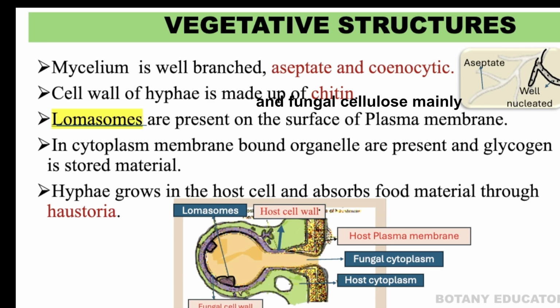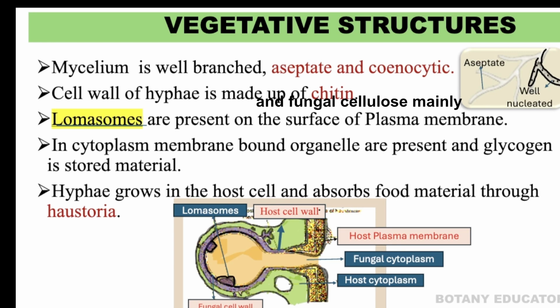It's called mycelium, and these hyphae are branched, and no walls are seen in them. A continuous cytoplasm is flowing in these hyphae, and nuclei are present, and this well nucleated aseptate condition is called coenocytic mycelium. In these Oomycetes members, you will see this aseptate and coenocytic condition. This is the main characteristic feature of Oomycetes members, right?